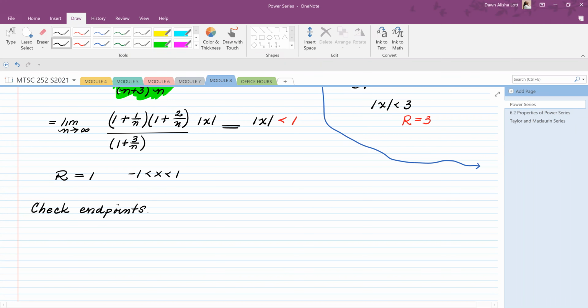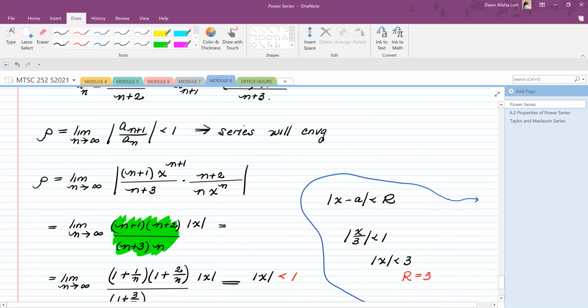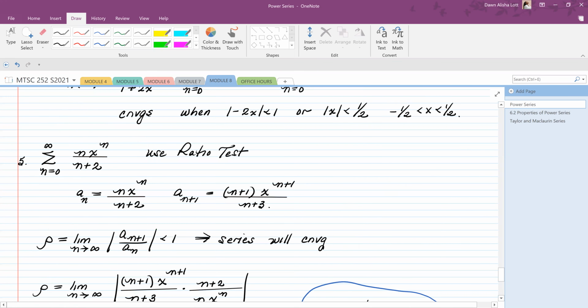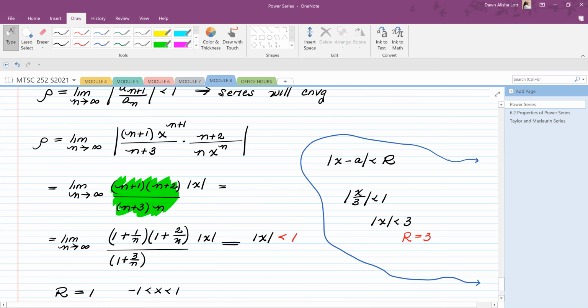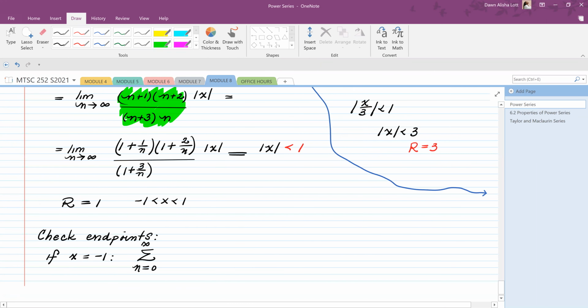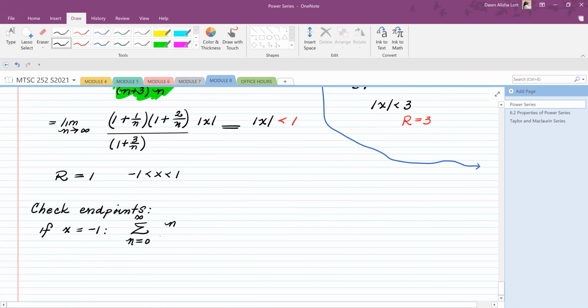When I check my endpoints, if x is equal to negative 1, my series becomes the summation n equals 0 to infinity of n over n plus 2 times negative 1 to the n.